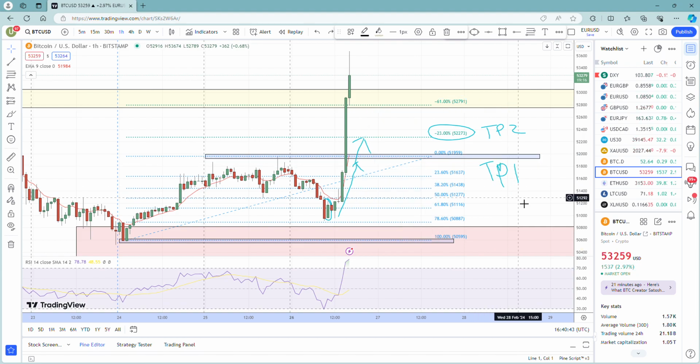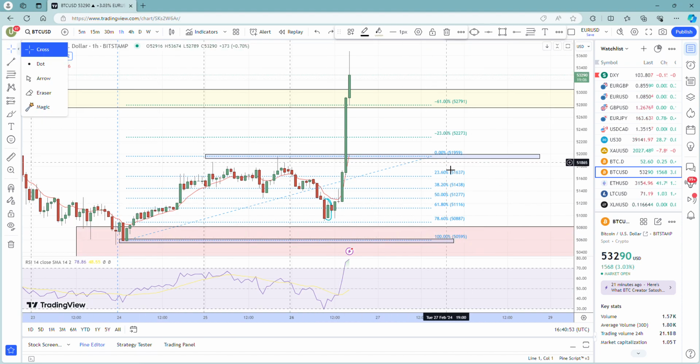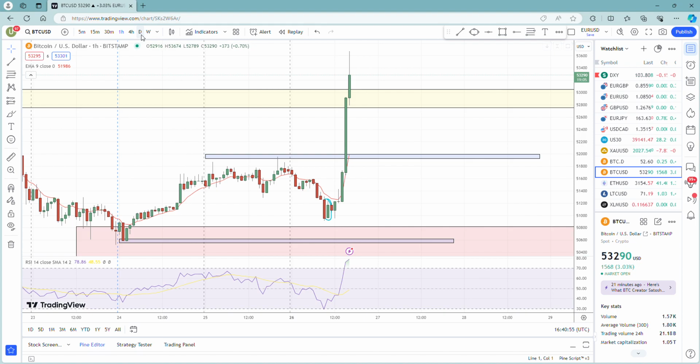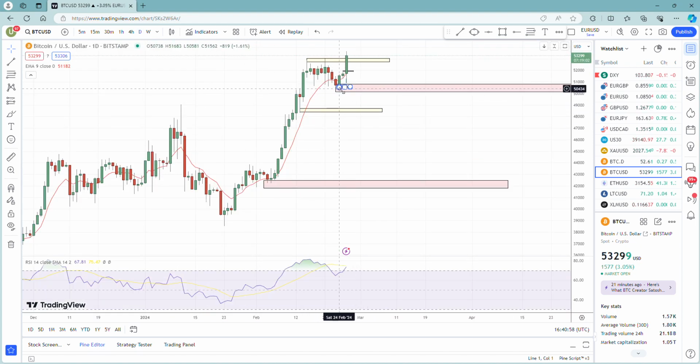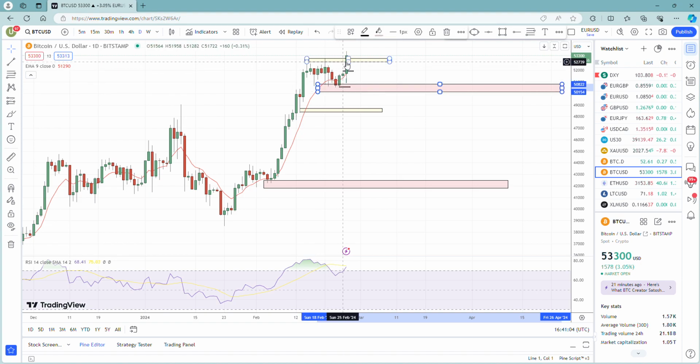analysis of Bitcoin. If you watch my last video, you see what my long-term analysis is of Bitcoin and where I expect it to go, and why I left this daily level here, just to show you why. So if I go on the daily level, you'll see in my last video, the daily level was here.